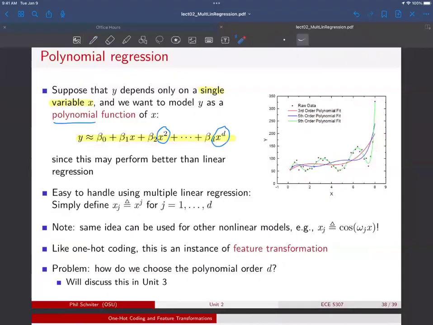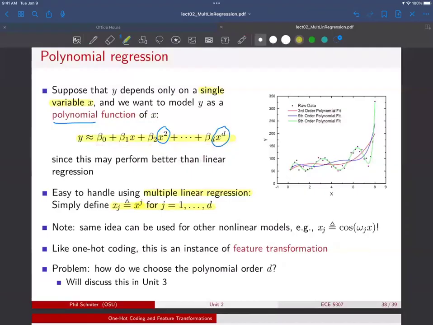And the key point is that you can think of this, if you want, as nonlinear in the features, but it's linear in the parameters, which means you can use exactly the techniques we've learned in this section. This is actually a form of multiple linear regression just by defining x sub j as x to the power j.